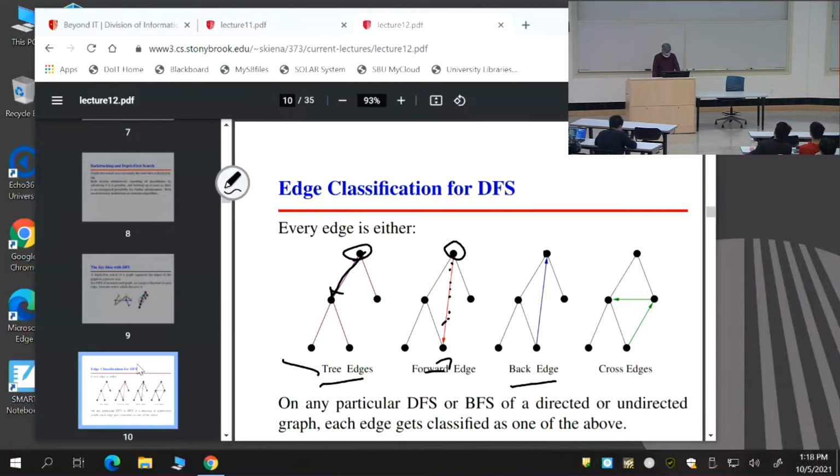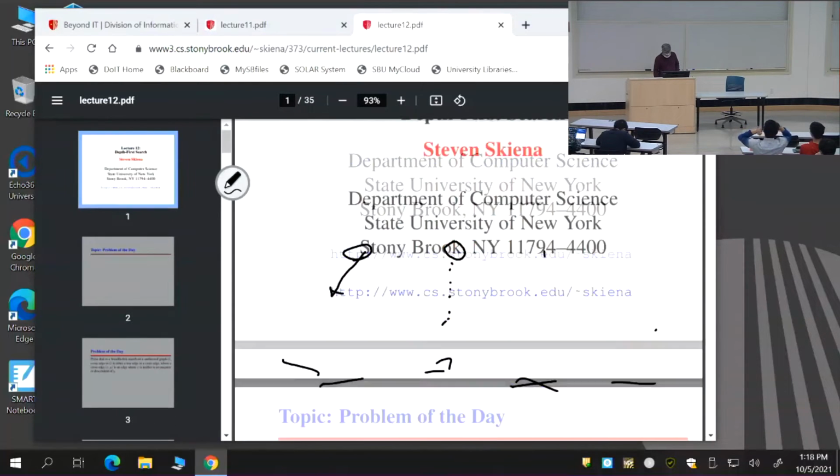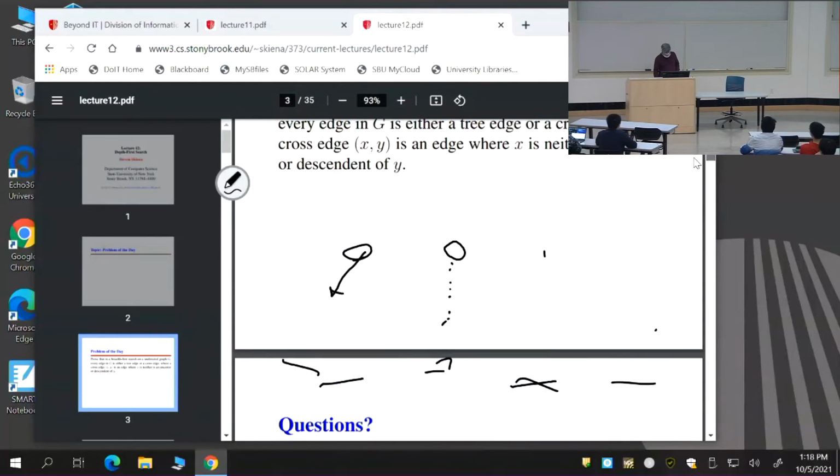Or it could go back to an ancestor. Or it could go to someone that's neither an ancestor nor a descendant. That's a cross edge. Okay? So the problem of the day is going to be about properties of Depth-First Search, and what the edges look like.